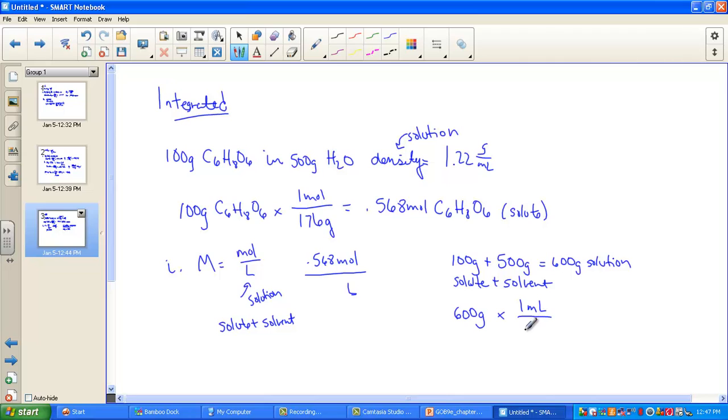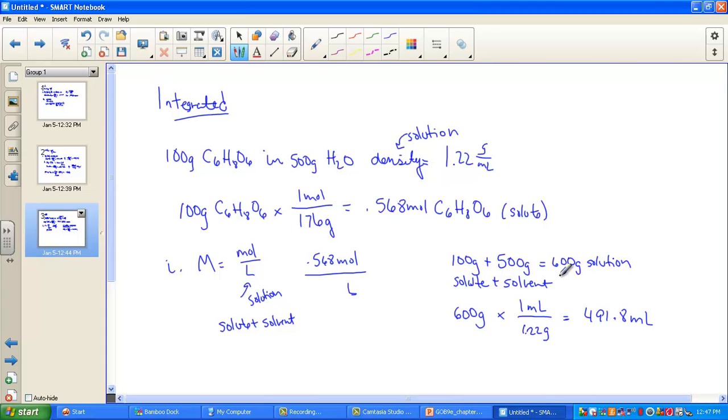So here comes the density conversion. We know that 1 mL contains 1.22 grams. Notice why I put that 1.22 on the bottom. I need the gram unit to cancel and convert out to the volume. 600 divided by the density of 1.22 is showing me a volume of 491.8 milliliters.